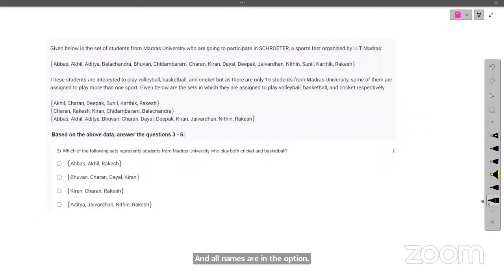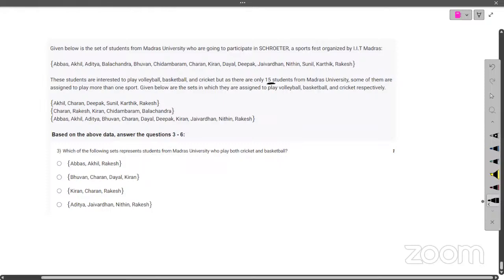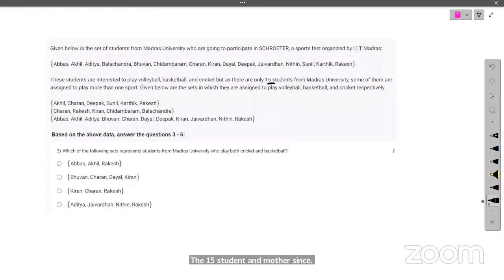Okay, so given below is the set of students of Madras University who are going to participate. Only 15 students in Madras. Based on our data, answer the question.